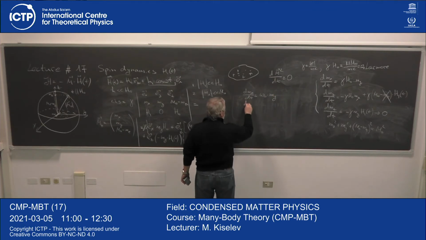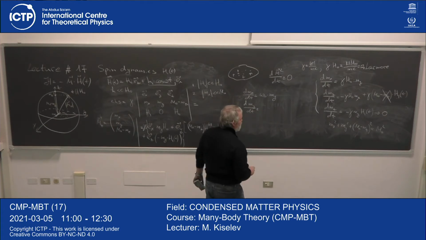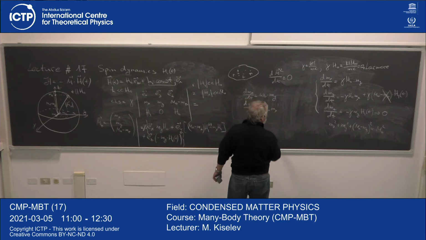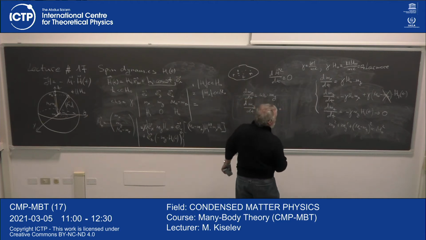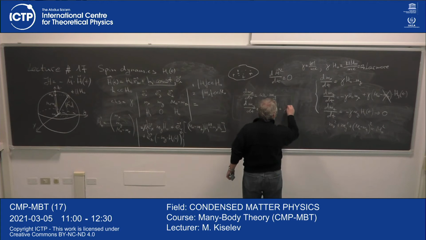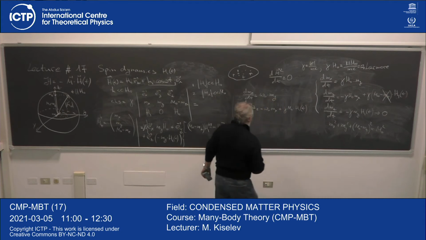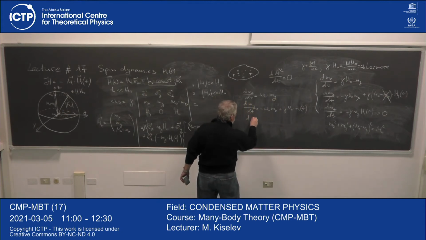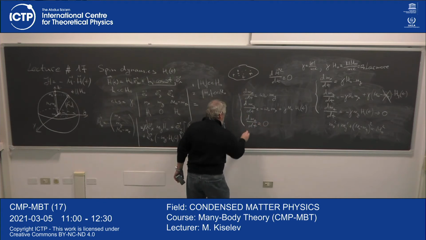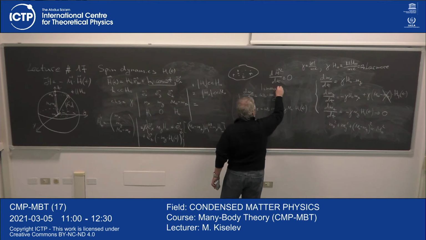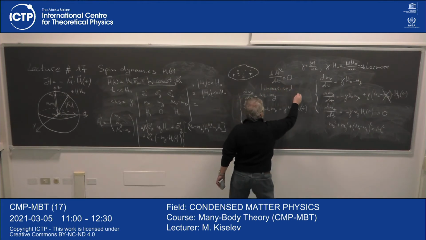The second equation reads dmy over dt is minus omega naught mx plus gamma m naught times h1(t), and the third equation reads dmz over dt is equal to 0. So these are linearized equations.